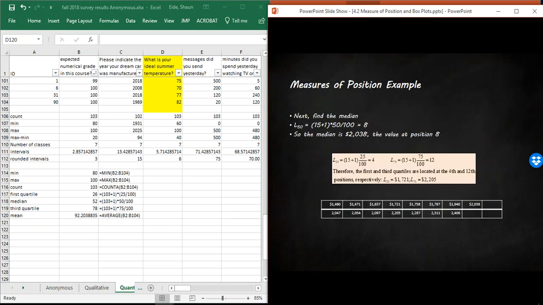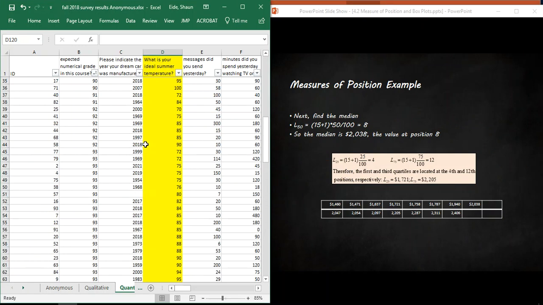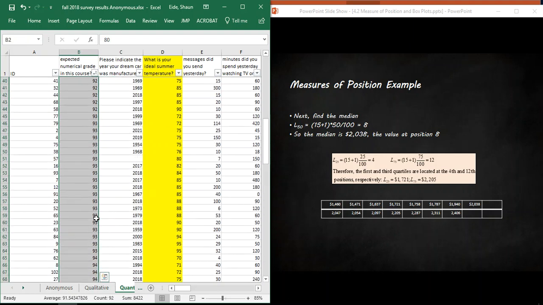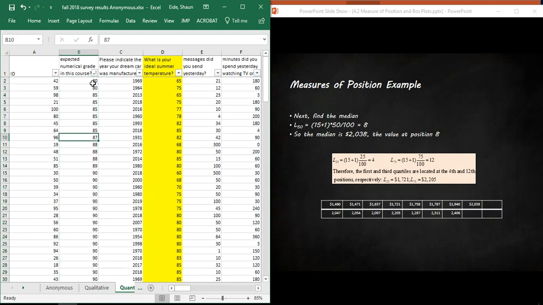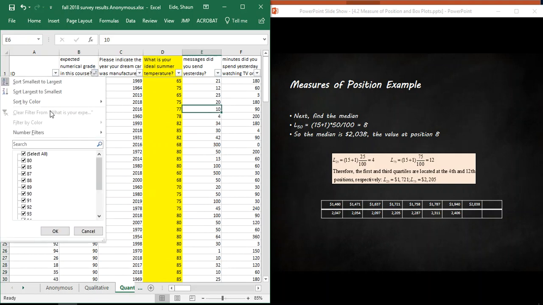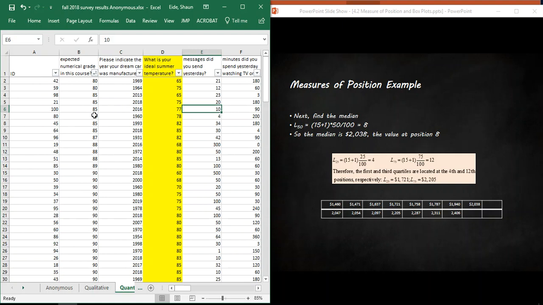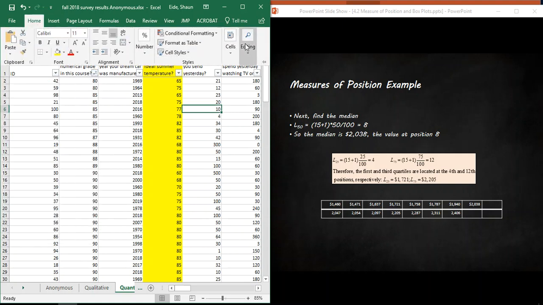Okay, so the first step that you have to do is you have to sort your data. So right here, we're going to look at expected numerical grade in this course, and what I did is I actually applied a filter to my data. So I'm going to go right here and I'm going to say sort smallest to largest. You can find the filter.